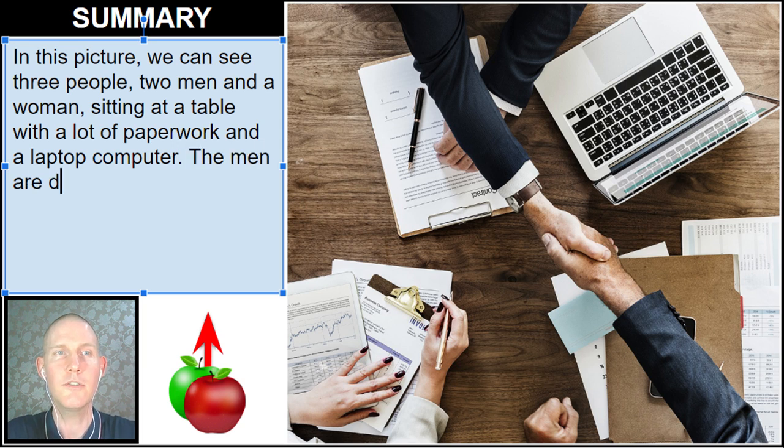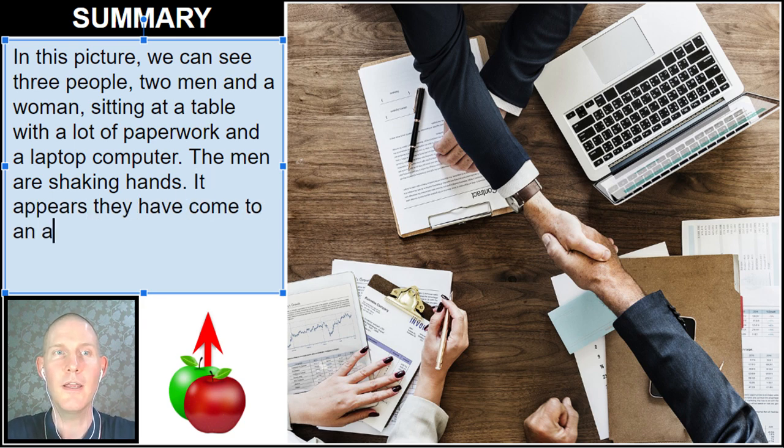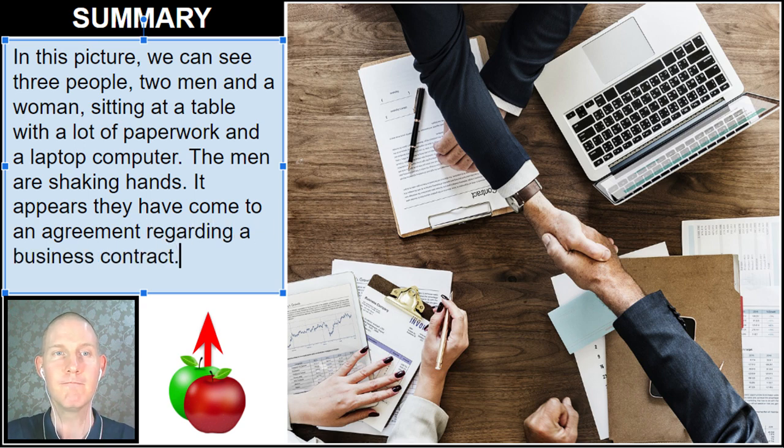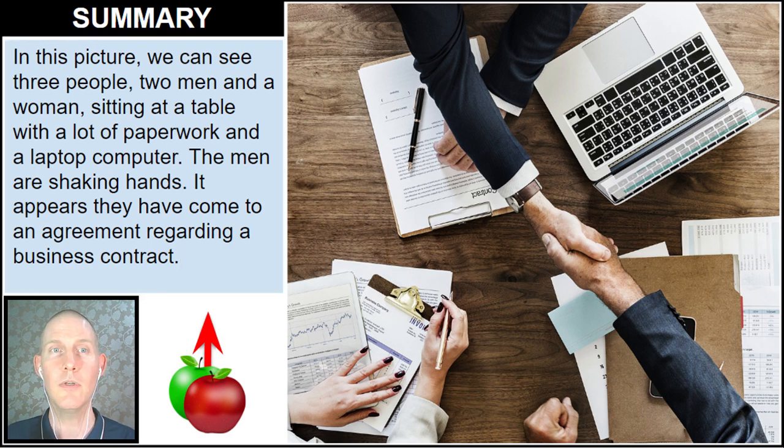The men are shaking hands. It appears they have come to an agreement regarding a business contract. All right, so that is a summary. It's short and sweet, and it's nice when we just need a quick explanation of what's happening in the picture.